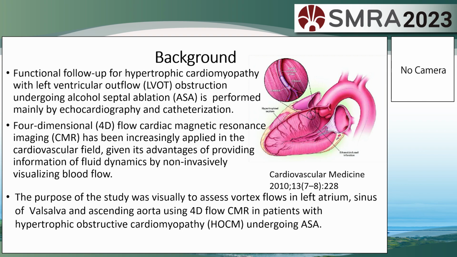So 4D flow cardiac MR has been increasingly applied in cardiovascular field, providing information of fluid dynamics non-invasively. The purpose of our study was to visually assess vortex flow in left atrium, sinus of Valsalva, and ascending aorta using 4D flow cardiac MR in HOCM patients undergoing alcohol septal ablation.